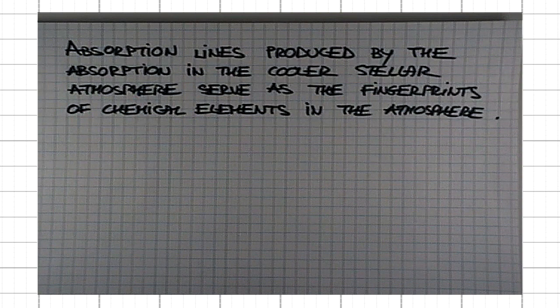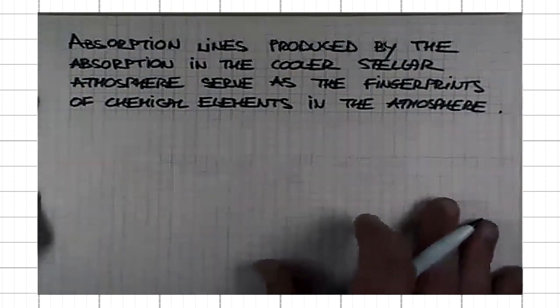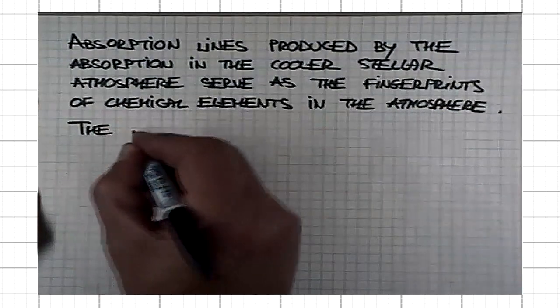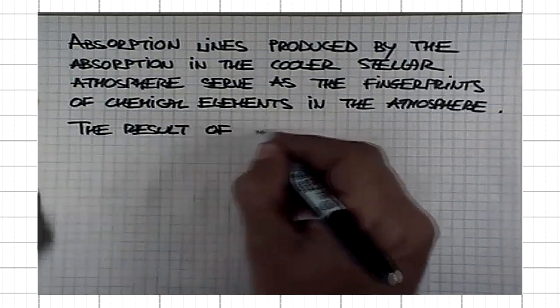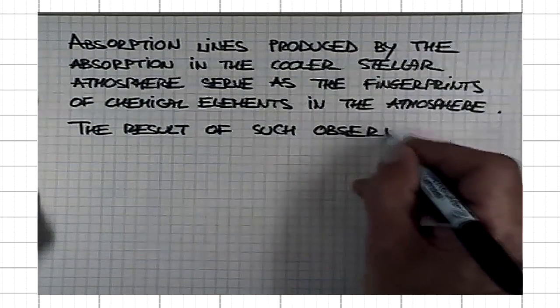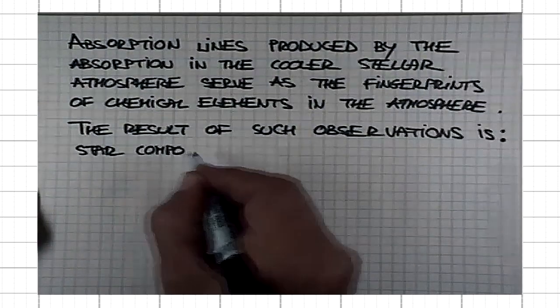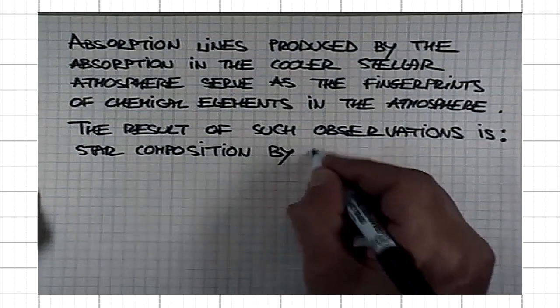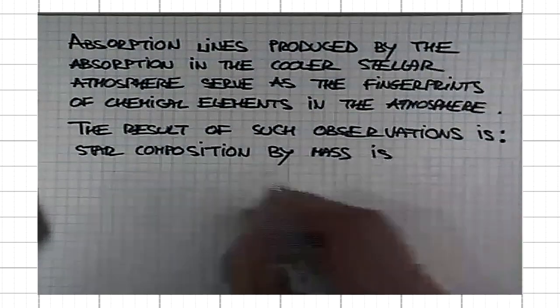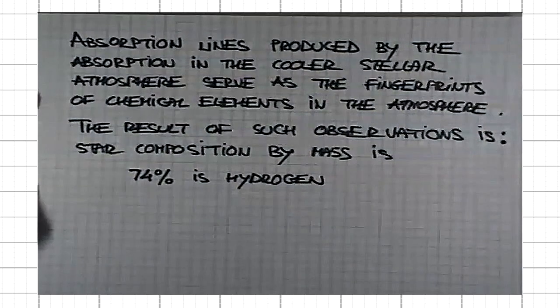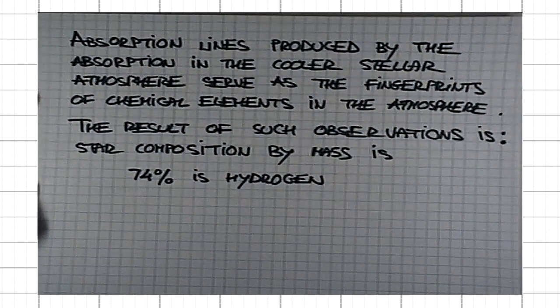They do the analysis of the absorption spectrum of the star, and that's how they find out what its composition is, okay? So, as I mentioned before, the result of such observations is that star composition by mass, not by the number of atoms, is 74%, about 3/4, hydrogen, the simplest chemical element that exists in nature.